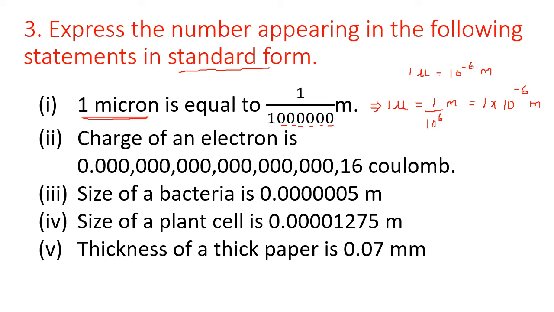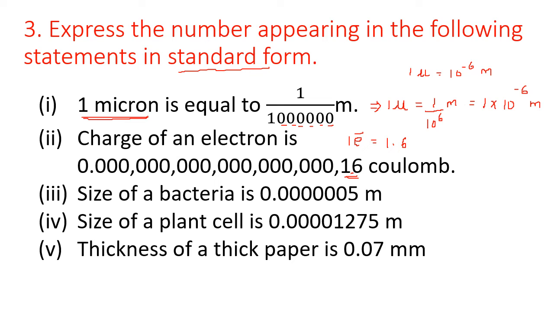Charge of an electron, so we'll write 1.6. Now, the decimal shift is moving towards the right, so negative power. How much are we moving? I'm writing 1.6 and there I have to move.